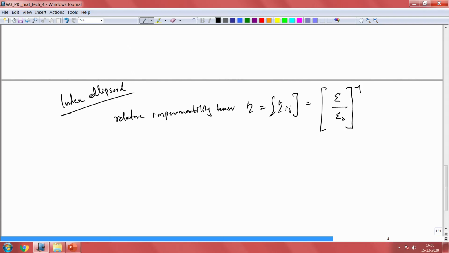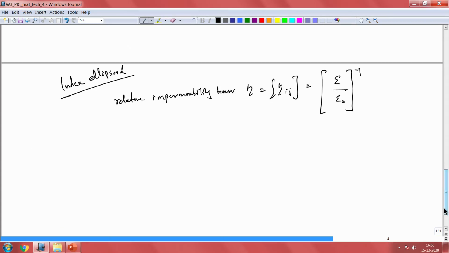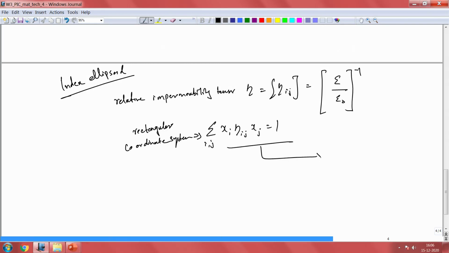So now since you are using the coordinate system x, y and z, one can write this as the sum over i, j of eta ij xi xj, which is equal to 1. So this is in a rectangular coordinate system, right. So this is what you have, and this is basically your index ellipsoid.